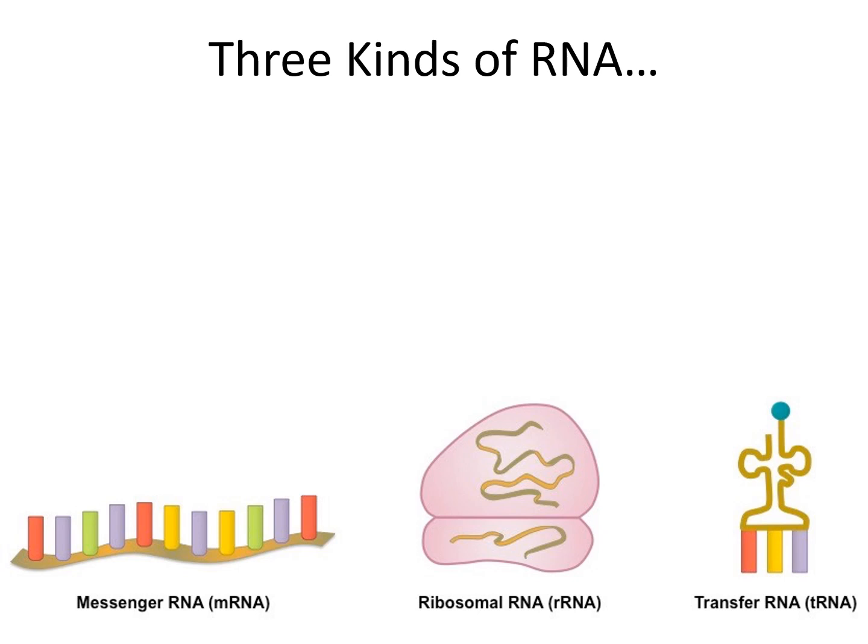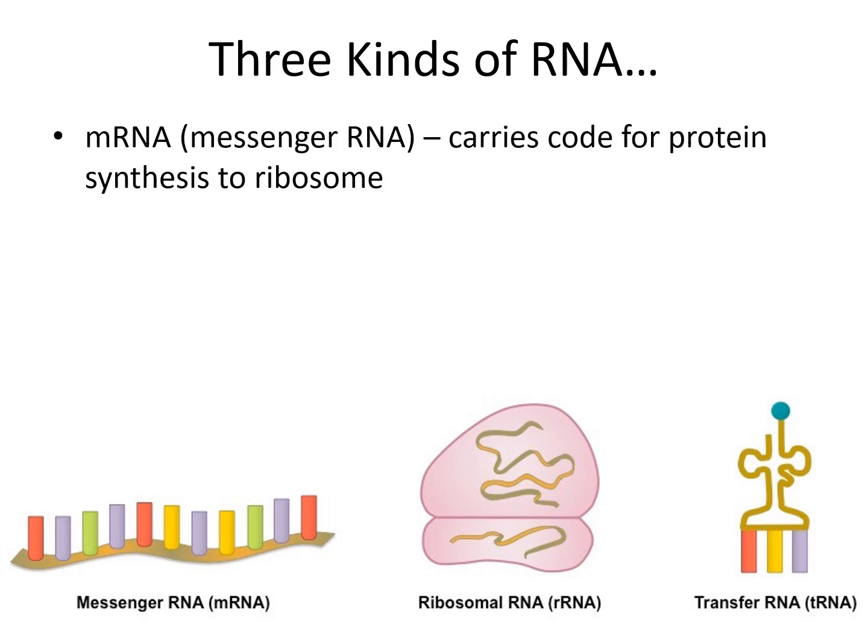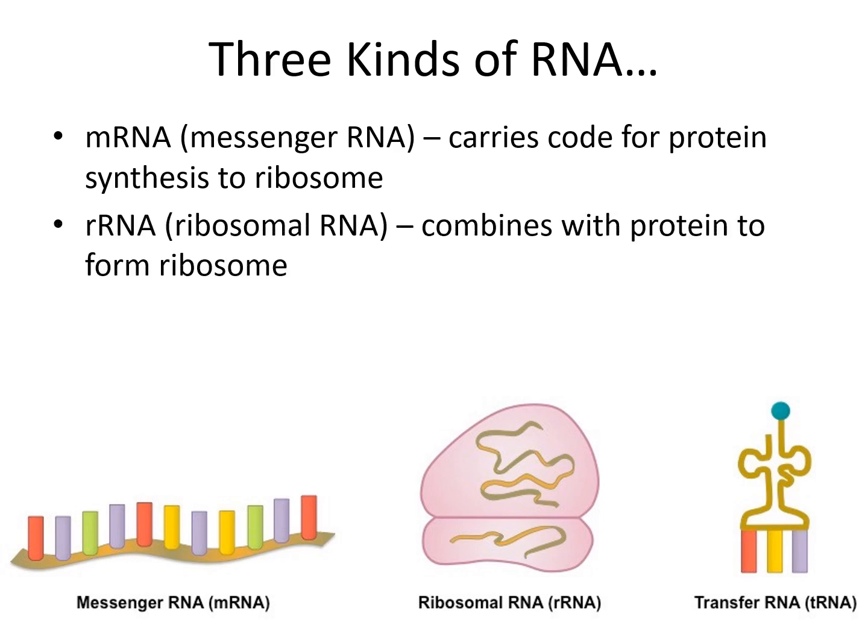Now, there are three kinds of RNA. There's messenger RNA, which carries the code for the protein to synthesize to ribosomes. Messenger RNA is the copy from DNA. There's rRNA, or ribosomal RNA, which combines with protein to form a ribosome.